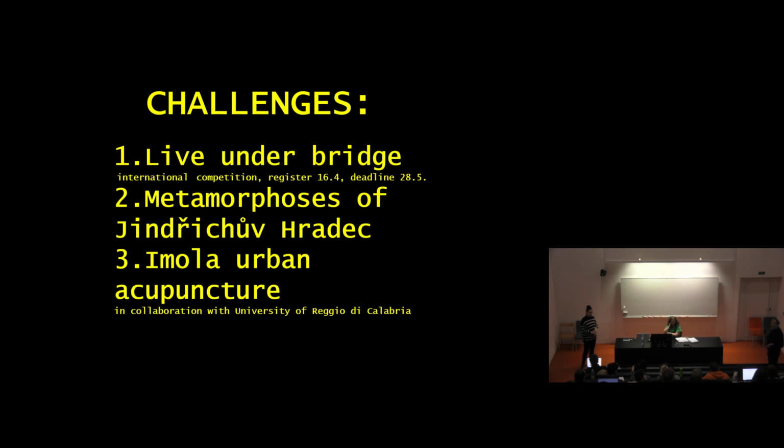The other place, Jindřichův Hradec, is in South Bohemia. It's a lovely historical town of about 20,000 inhabitants. It's a place very connected with water. You can't imagine Jindřichův Hradec without water, but it's a terra incognita for architects, a virtually untouched place.